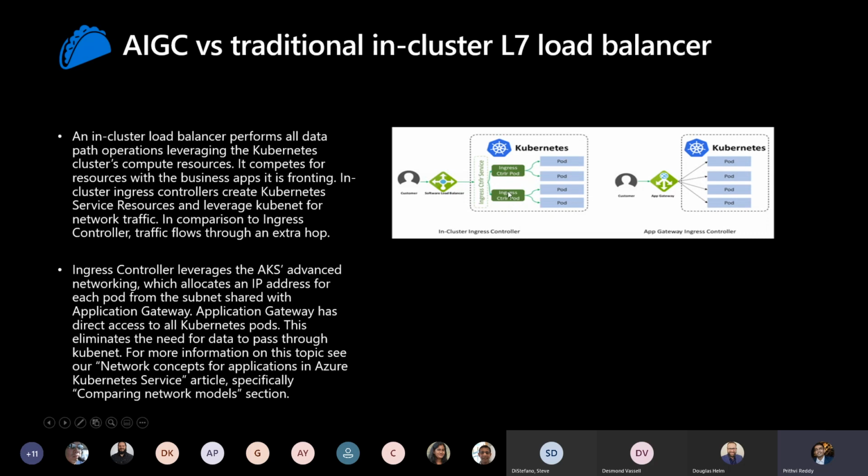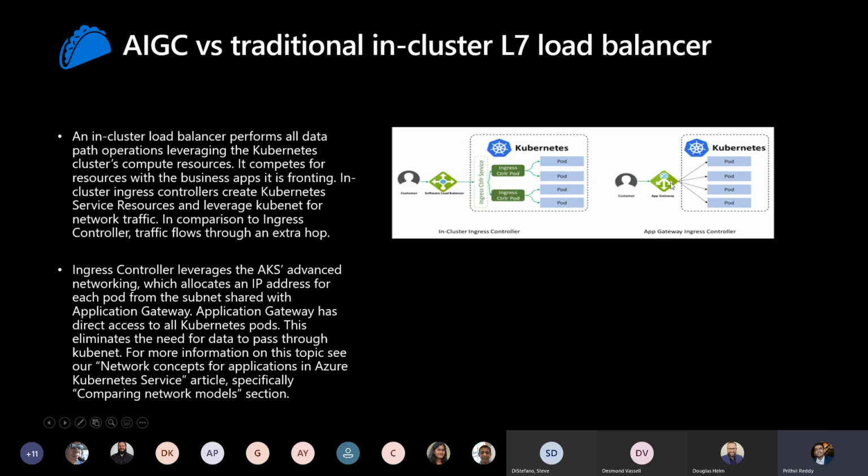The benefit here with App Gateway is that the App Gateway resource that gets deployed with the App Gateway Ingress Controller is an actual Azure resource, and it's not a pod that's deployed within your cluster. Whereas this is kubenet, this is using the advanced network.